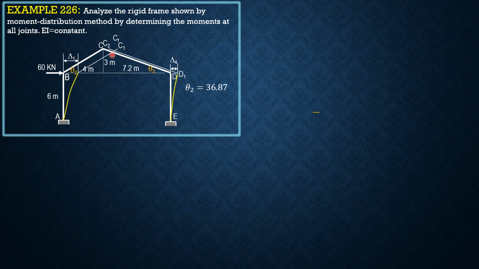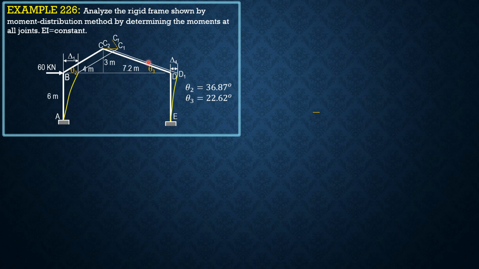Theta 2 is arctan of 3 over 4, so 36.87 degrees, while theta 3 is arctan of 3 over 7.2, so 22.62 degrees. So this is delta 1. Then from the end of BC, the line parallel to BC, we draw a line perpendicular to BC to locate the final position of C, and we call that CF.